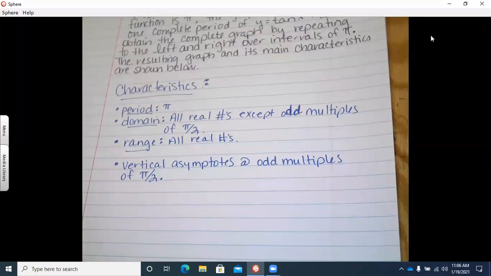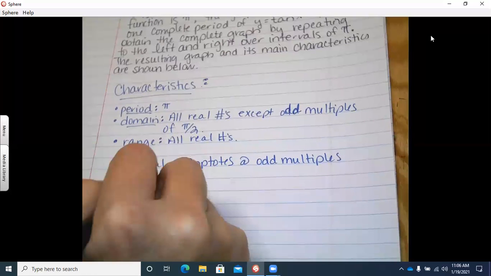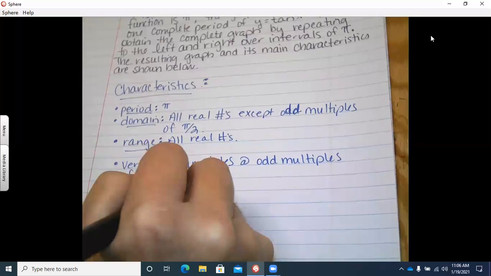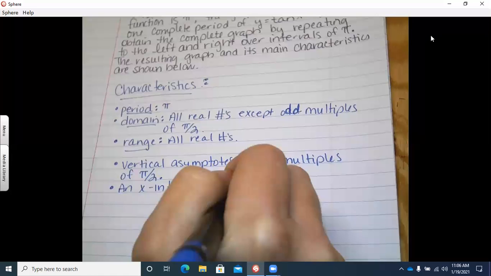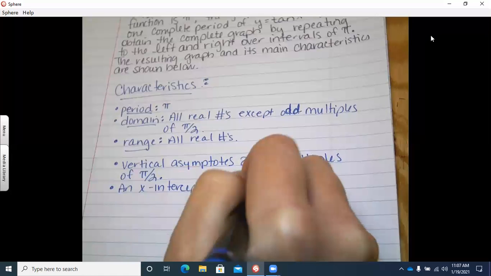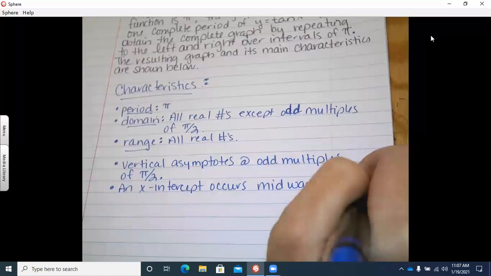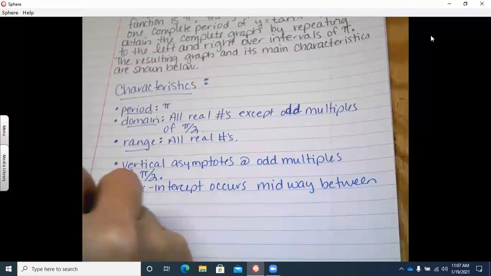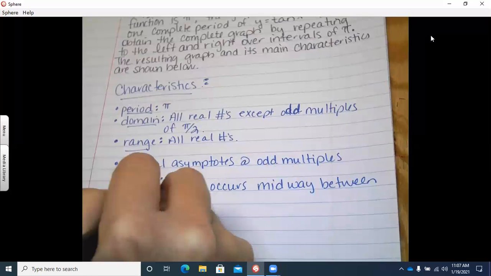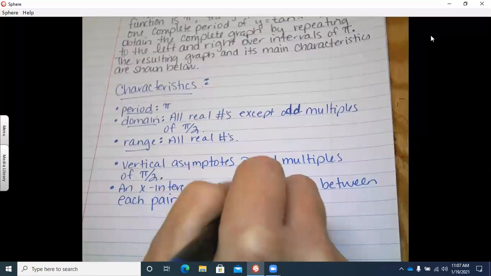And x-intercept occurs midway between each pair of consecutive asymptotes.